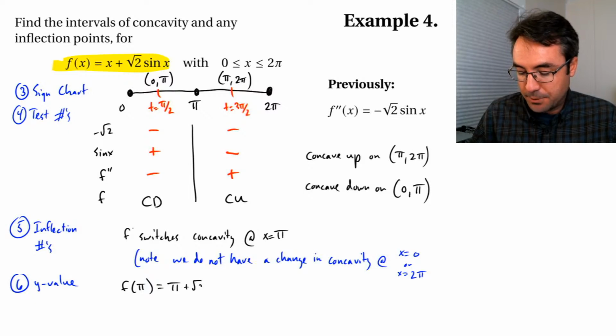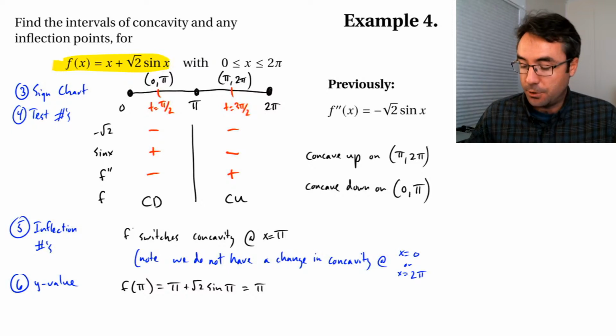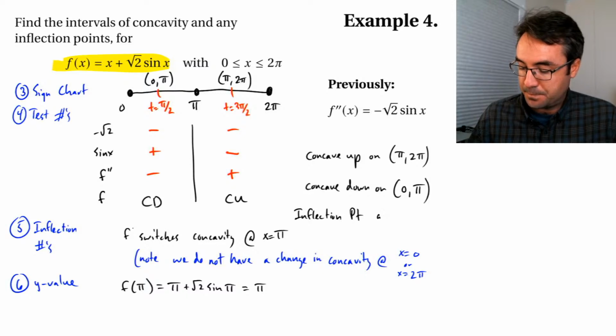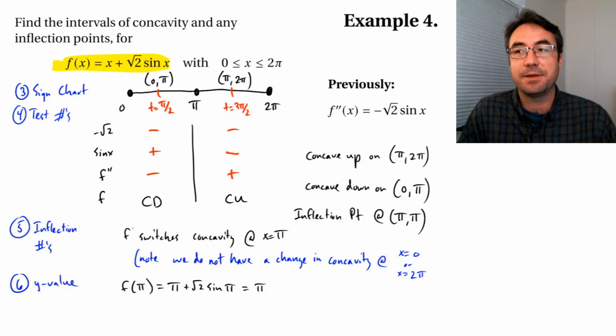Pi plus square root 2 times sine pi, and sine pi is 0, so this just ends up being pi. So we have an inflection point at (pi, pi). So that's a point on our graph, and that's where we have an inflection point, a change in concavity.